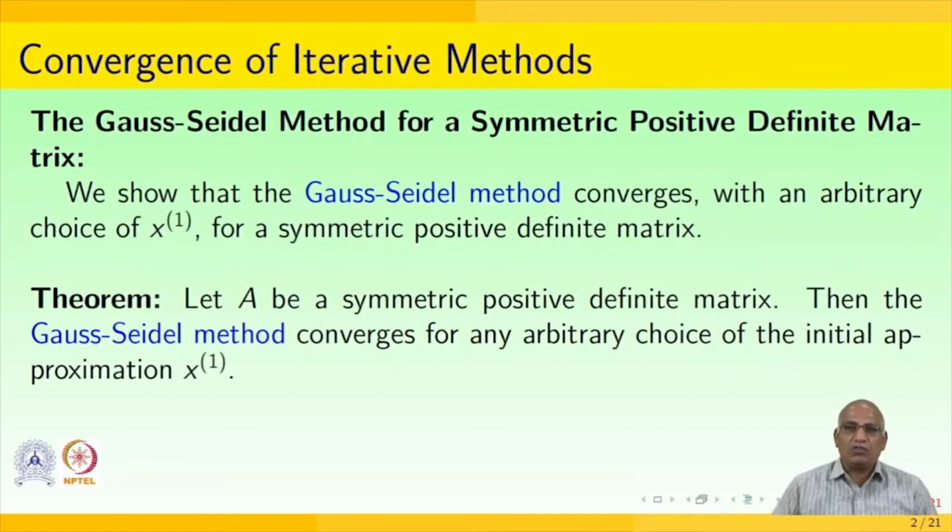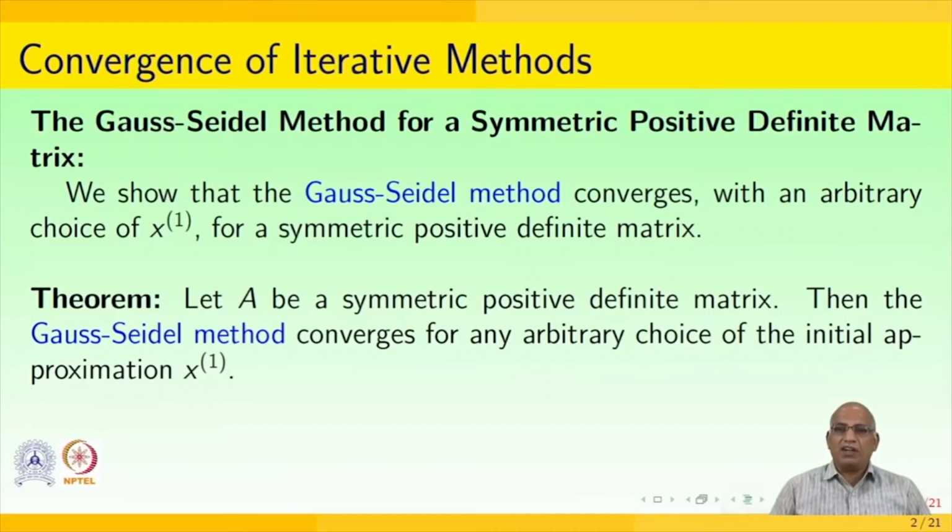In continuation to the previous lecture, we would like to learn some concepts related to the convergence of iterative methods, and how iterative methods would be useful for real life applications.